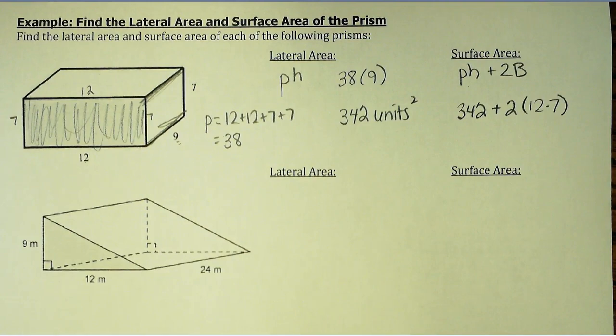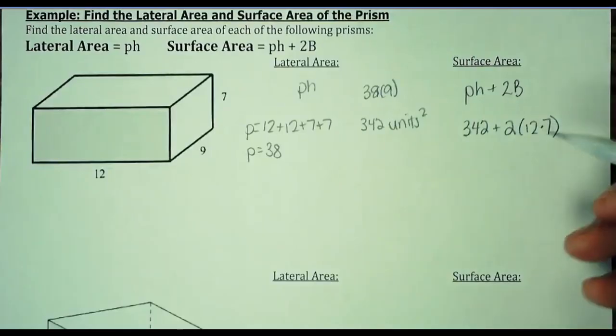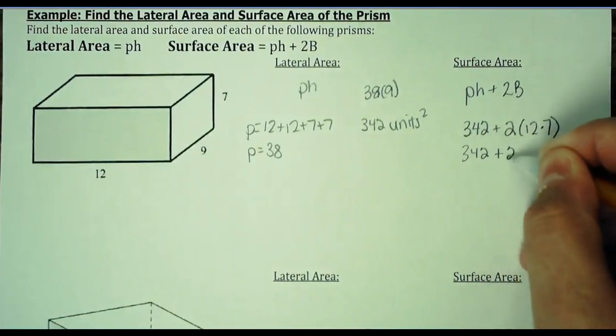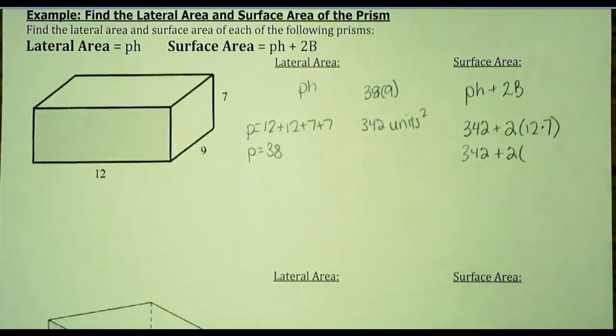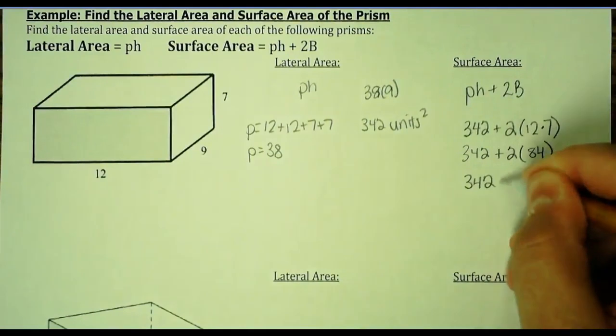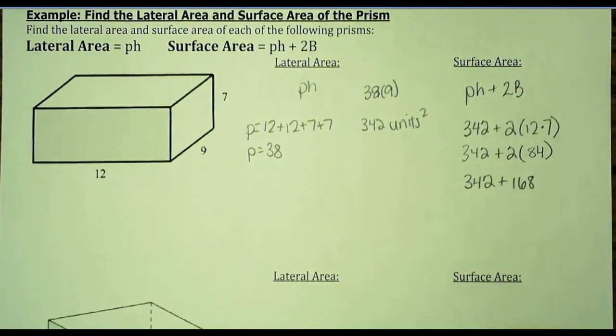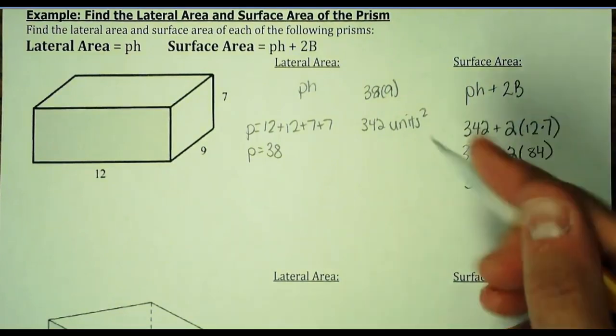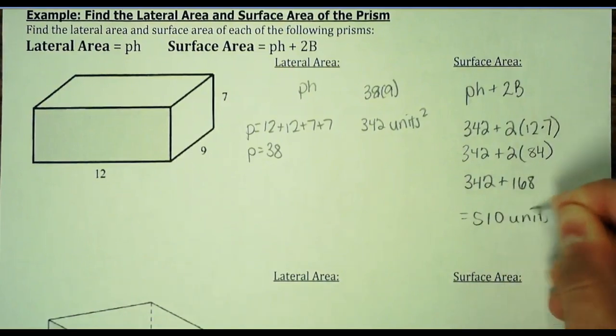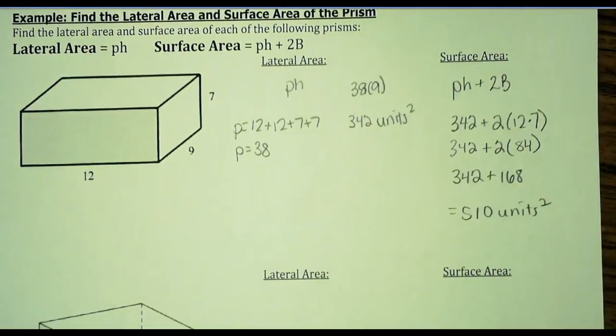So we have the 342, that's our lateral area. And if I do 12 times 7, I'm going to get 84. So we're going to get 342 plus 168. And our surface area then is 510. And then this is going to be units squared.